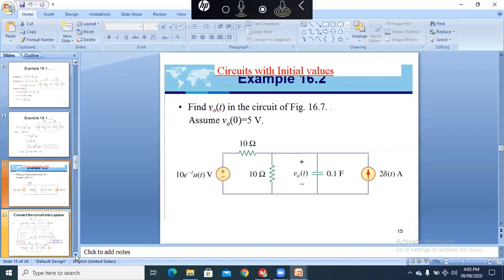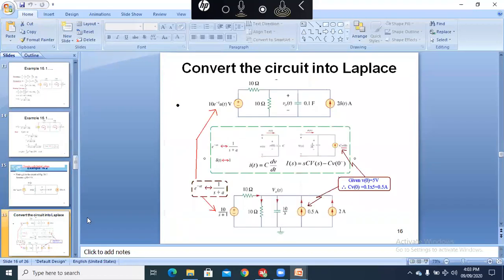So we take the Laplace transform. We have I of t is C dV by dt, and I of s is sCV of s minus CV0 negative. So CV0 negative is the value of the current source appearing in parallel across the capacitor.